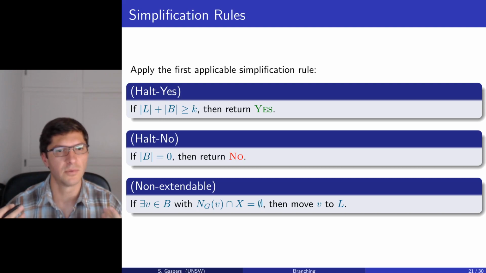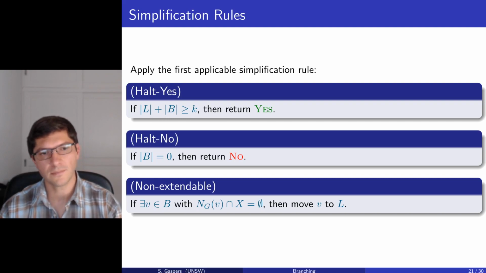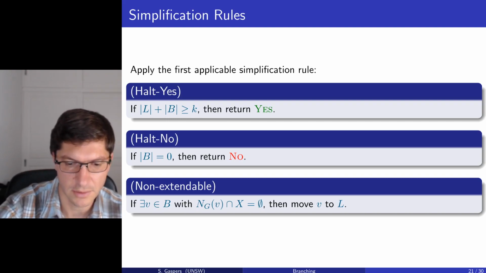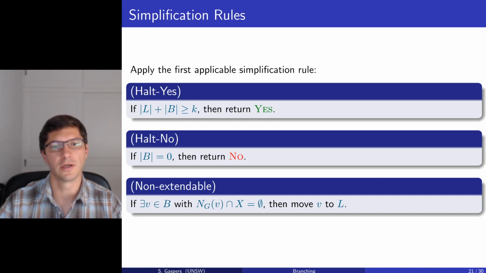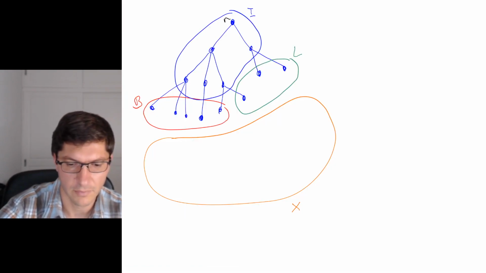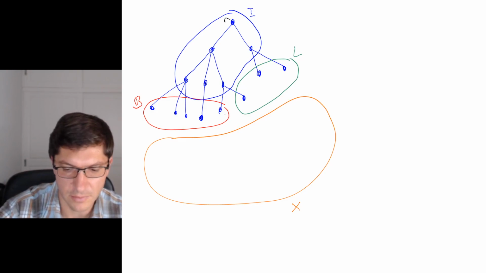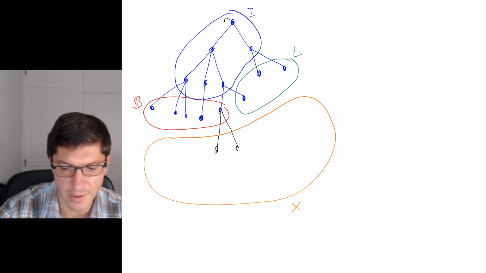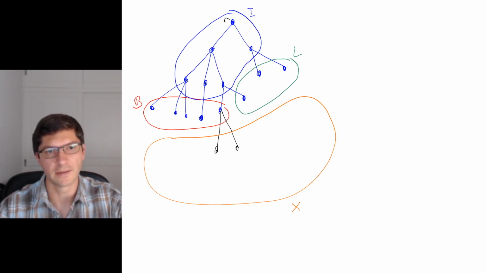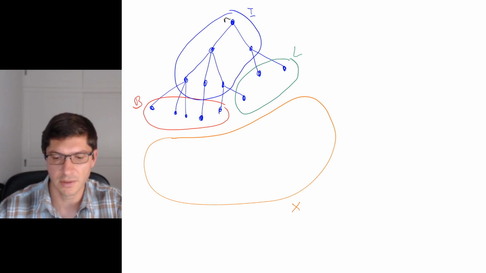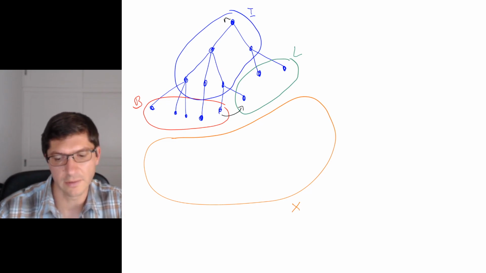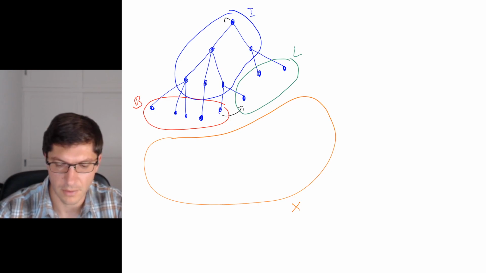We are not allowed to extend the tree anymore. So we have to return no. If there's a branching node that has no neighbor in the set X, so no external neighbor, then, well, a vertex is in the set of branching nodes because we could potentially extend the tree at this branching node. But if it has no neighbor in X, then we can't do it, and we will move the vertex into L.